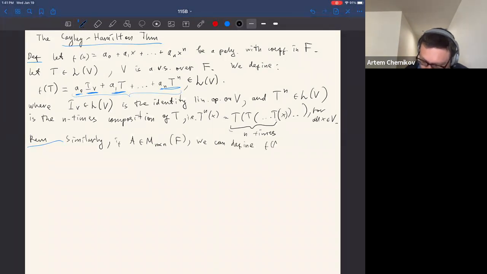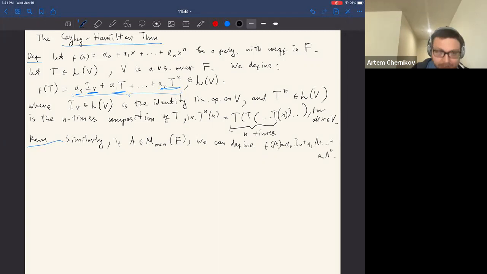So we can define f of A as a0 times In plus a1 times A plus etc. plus an times A to the power n. So it also makes sense to apply a polynomial to a matrix as we define it like this.